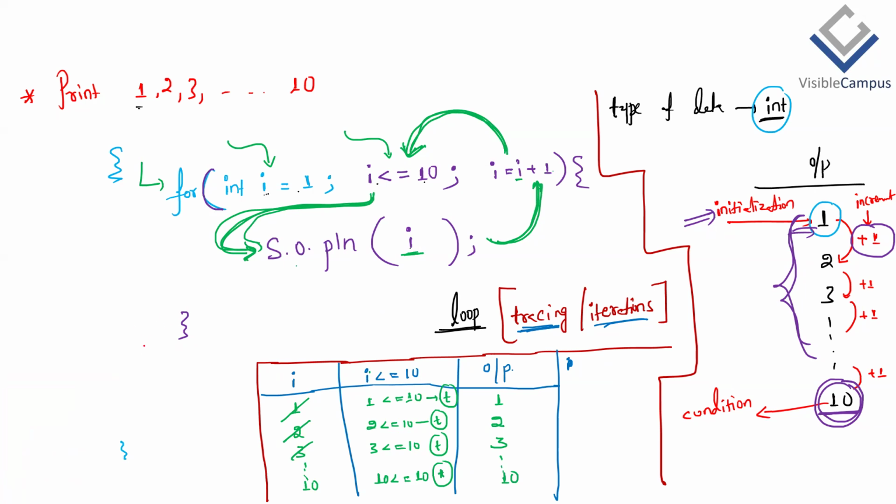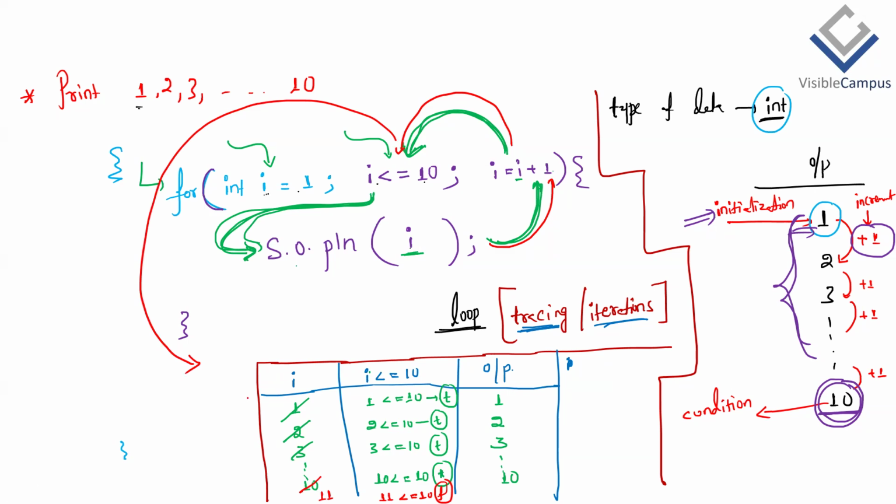No, this is where the mistake will happen. Has the condition become false? Not yet. Therefore, JVM again goes for incrementation, and the I value will be updated to 11. Then comes the condition check: is 11 less than or equal to 10 or not? This is a false scenario. Now JVM will come out of the for loop.